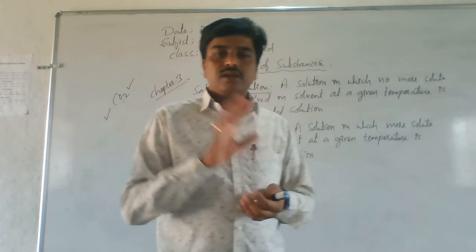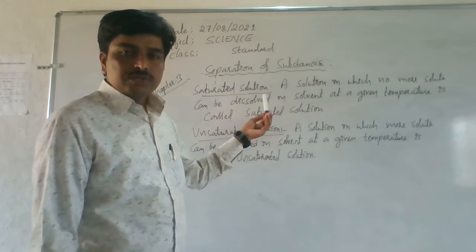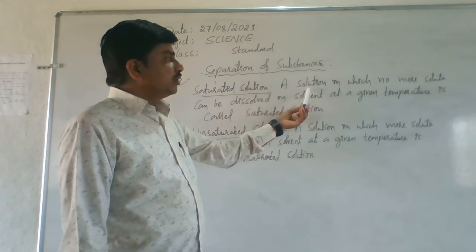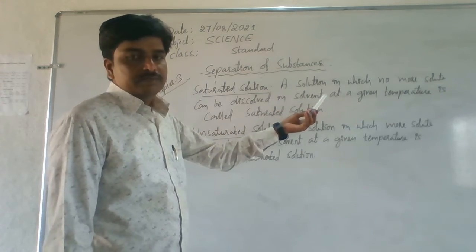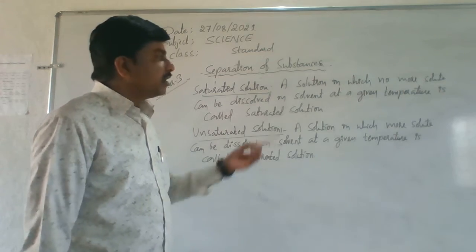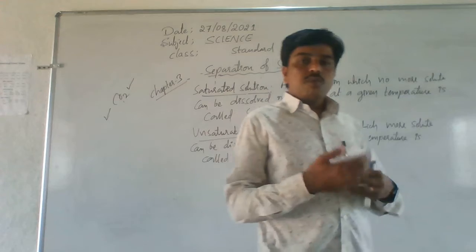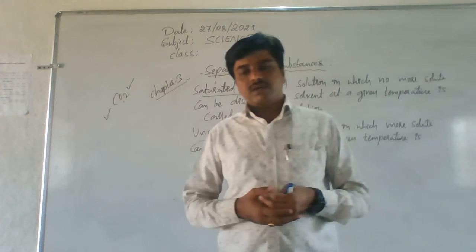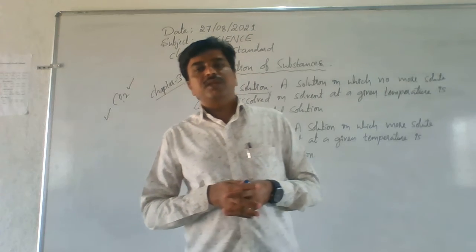Saturated solution means a solution in which no more solute can be dissolved in a solvent at a given temperature. When no more solute can be dissolved in that water or any solvent, that solution is called what? Saturated solution.